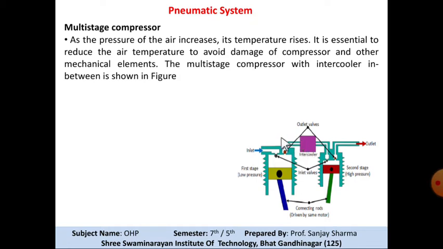Whatever temperature is raised here, it is necessary that it should be reduced before it enters stage 2. So as the air passes through the intercooler, there will be a drop in temperature, and the cold air will enter the second stage at a higher pressure as compared to the inlet of stage 1.